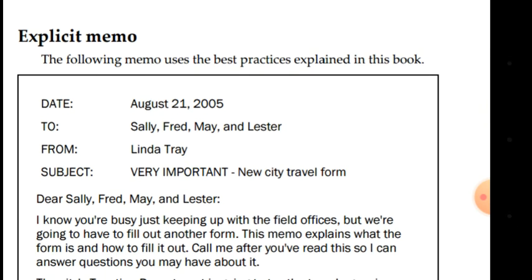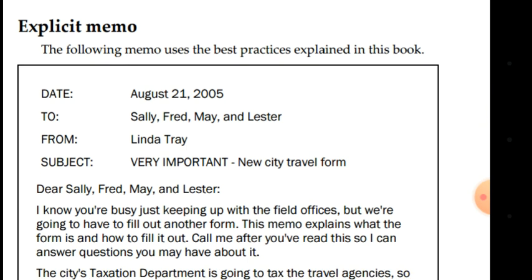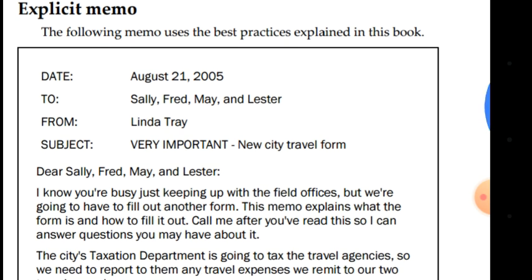We're going to look at how the writer uses all the techniques and tools to help organize and achieve best practices in this memo. At the beginning, we know that the memo starts with date, to, from, and subject, and we call this the memo heading.